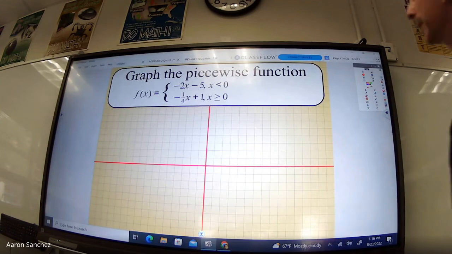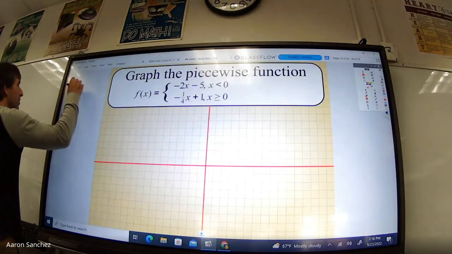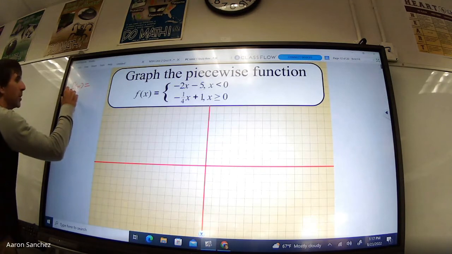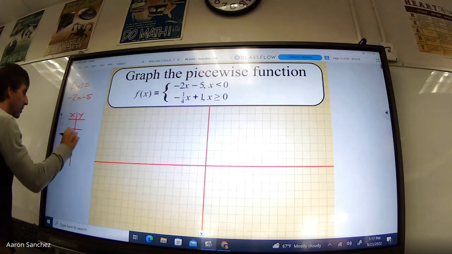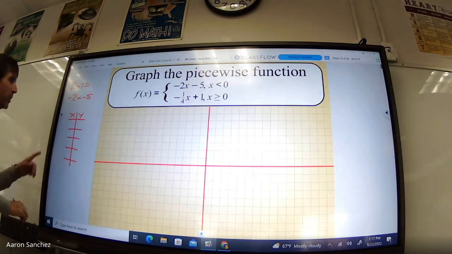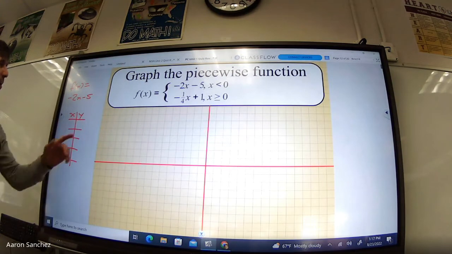Okay, here we go. Let's do f of x equals -2x minus 5. Okay, I'm going to do a table. x, y. Okay, what number should I put in here for my x? Yeah, anything less than 0.